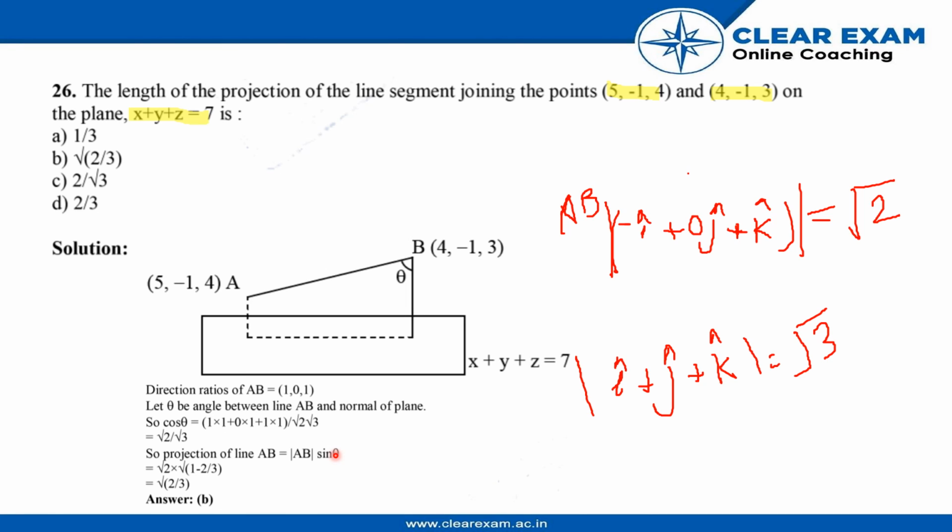So if we put in the values, it would give sin theta equal to the square root of 1 minus 2 by 3, right? So this would be root 2 into the square root of 1 by 3. Multiplying those two values would give us the square root of 2 by 3. The answer is B.